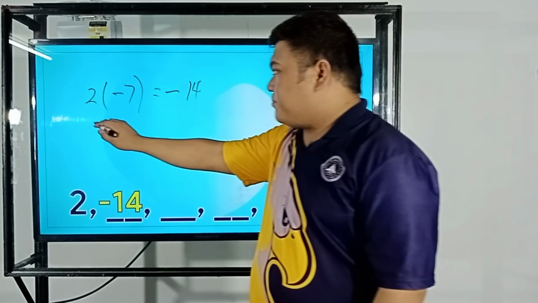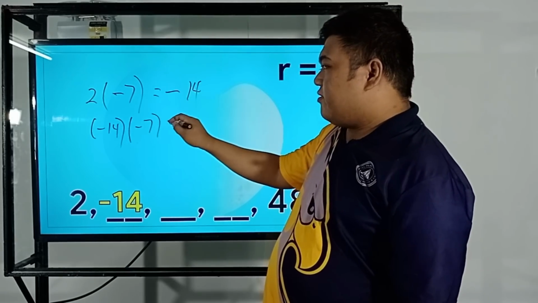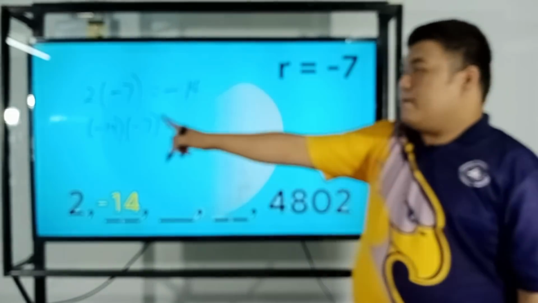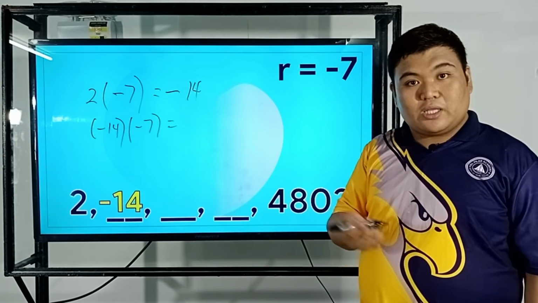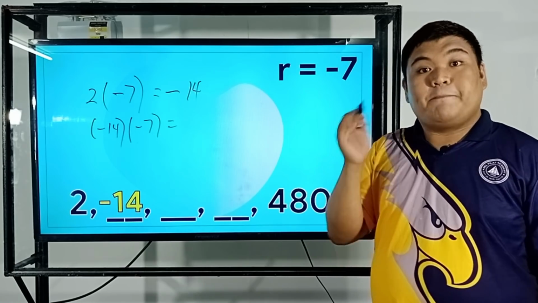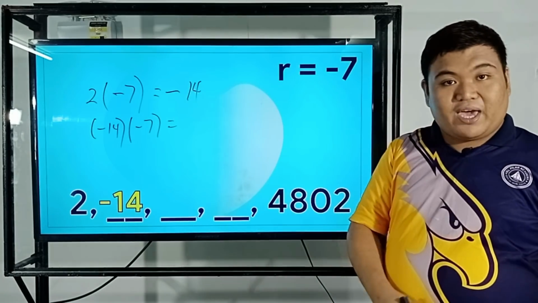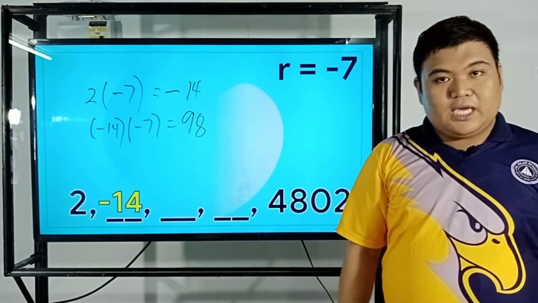Kuhanin yung third term. Negative 14 times negative 7, yung common ratio. Negative times negative, magkaparehas ang sign, multiplication ng operation. So, ano ang magiging answer? Positive or negative? So, the answer will be positive. And 14 times 7, katulad kanina, is positive 98.